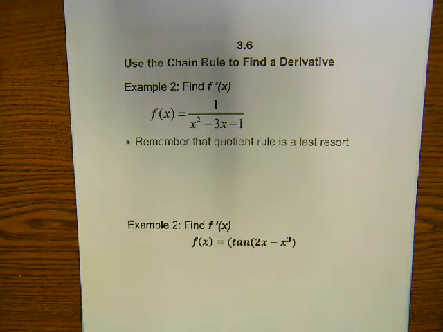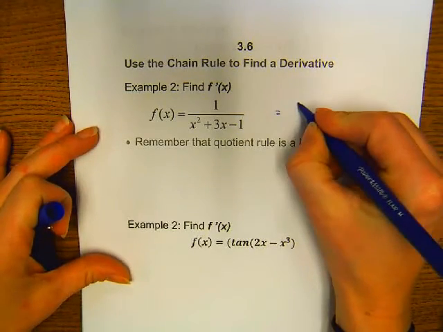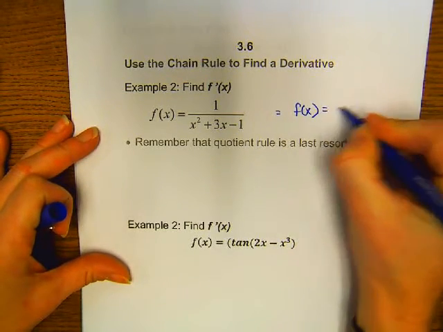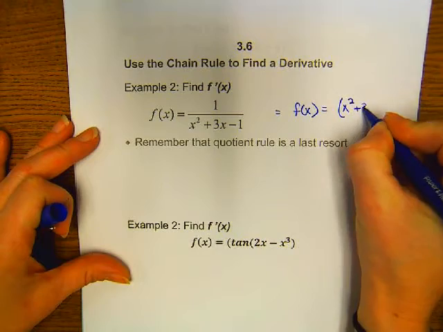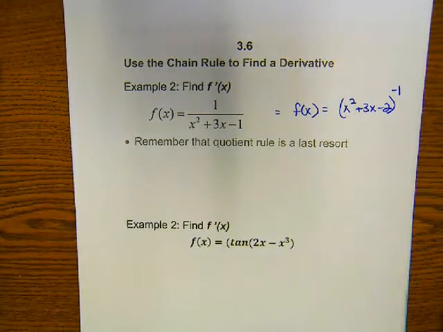So we have just rewritten this as, remember, use quotient rule as a last resort. I would always try, whenever possible, to rewrite as negative exponent things on the bottom. Do you understand that?